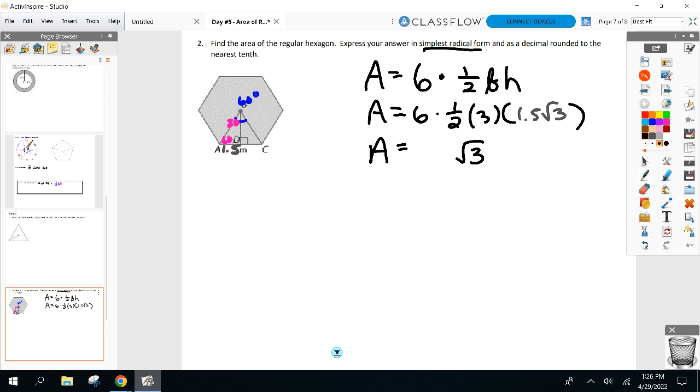Wait. Which is 18. You have a calculator in your possession right now.